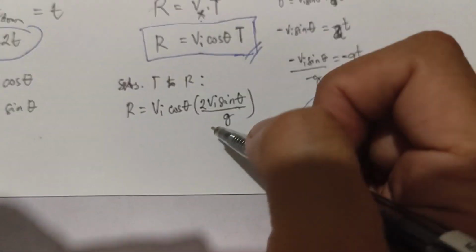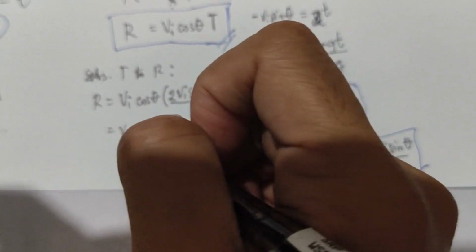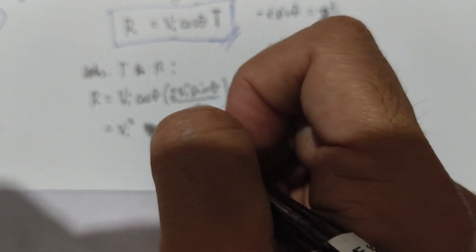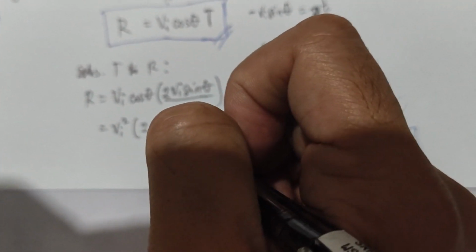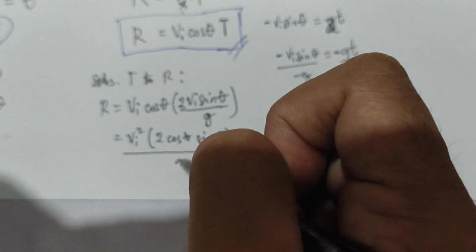Simplifying further, we will have Vi squared times 2 cosine theta sine theta all over g.